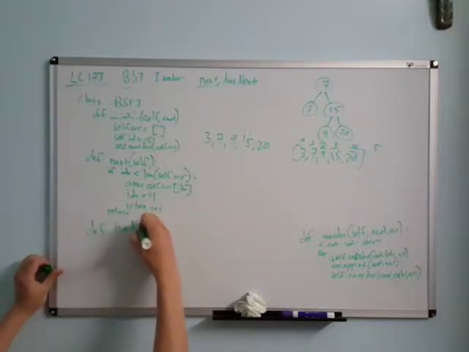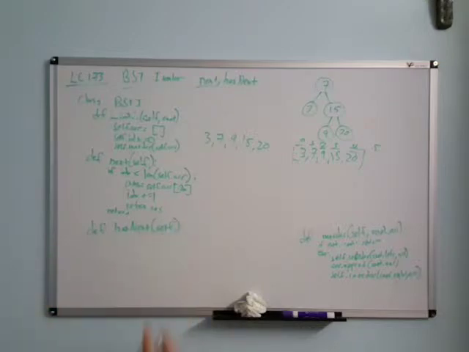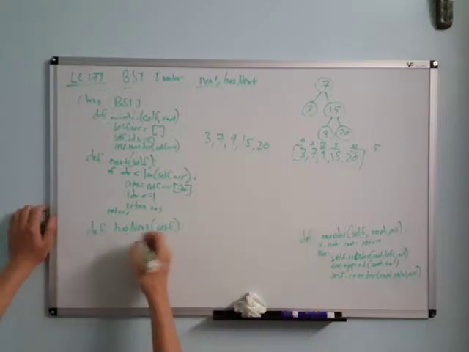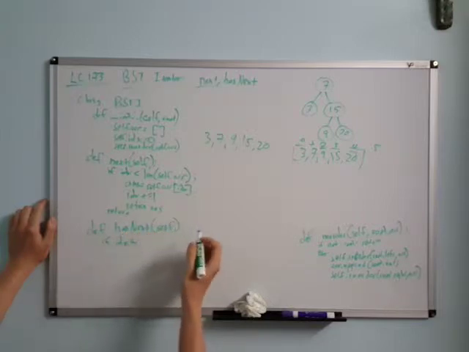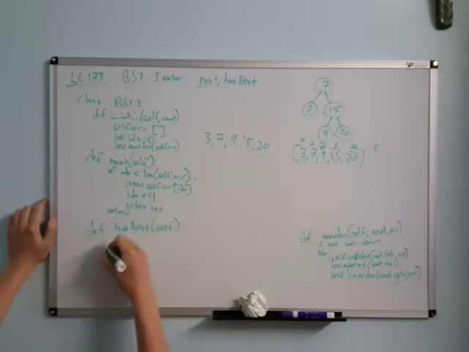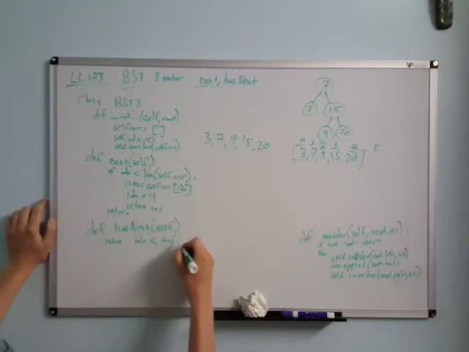Define hasNext, self, and then we're always just using that array. So, I erase what I had. If idx is less than, well, we could just return that in one line actually. Return idx is less than length of self.array minus 1.